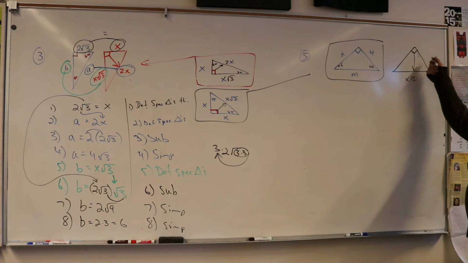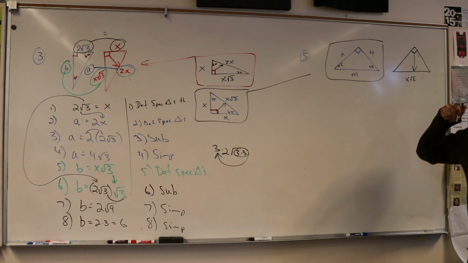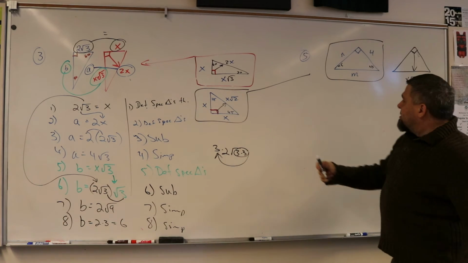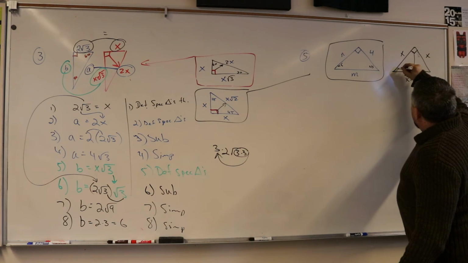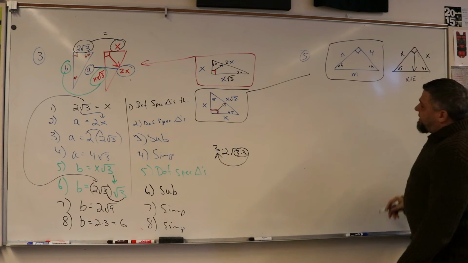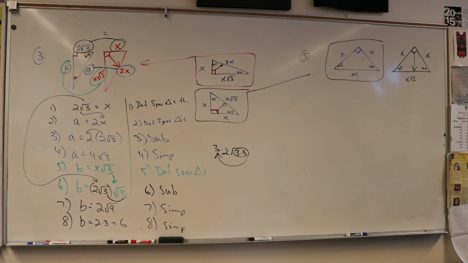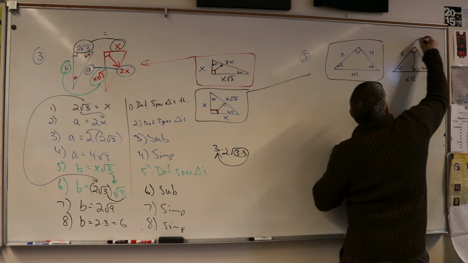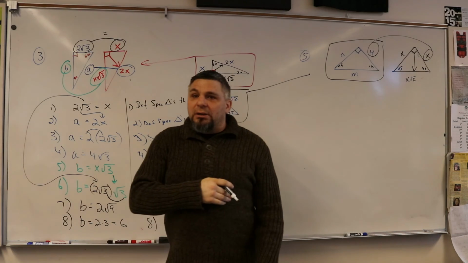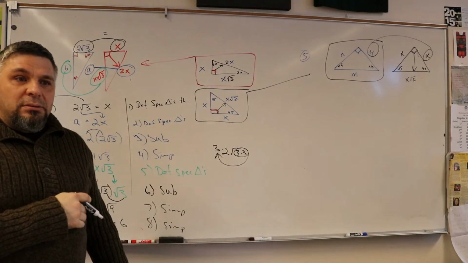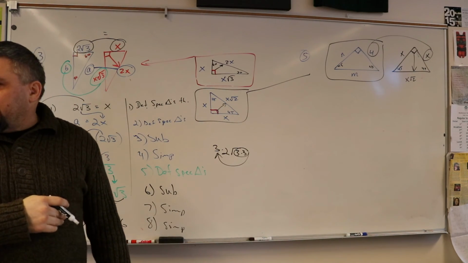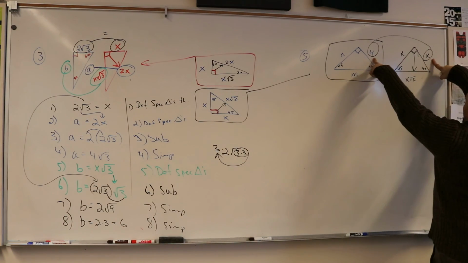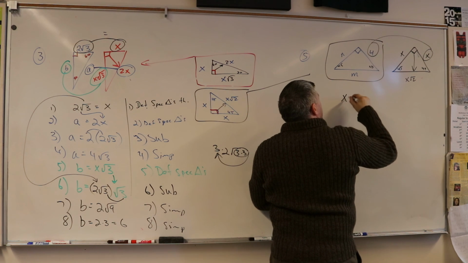And then what are the other two sides? X. I know this is 45 and 45, right? So what's happening here is, okay, well, then wouldn't X equal 4? Is that true? Why would X equal 4? Why does X equal 4?